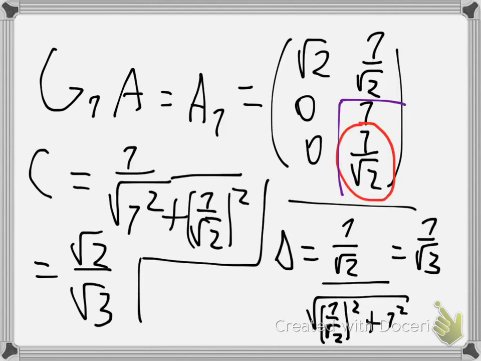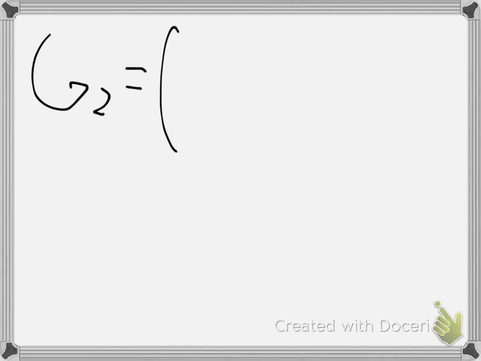And so our second matrix will be given by, we have to place the minus sign in the place of 1 over square root of 2. Okay, so it will be given by, just, we will rotate around the x-axis.